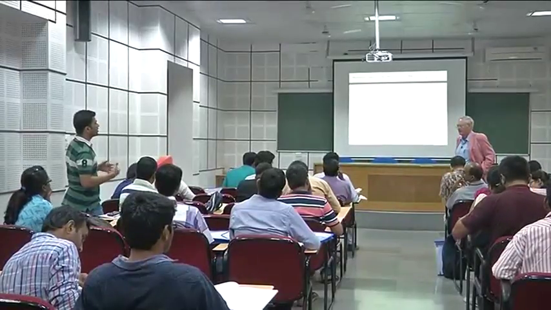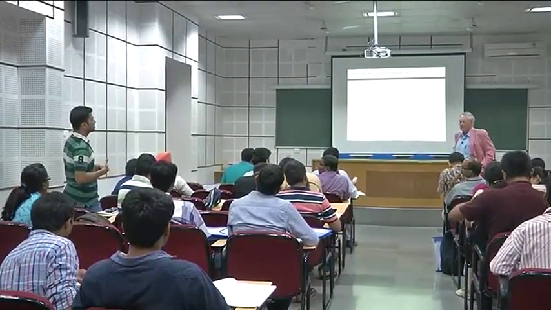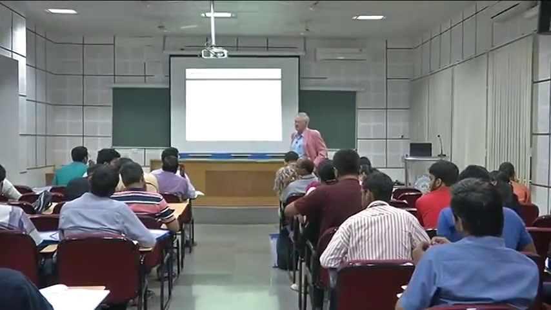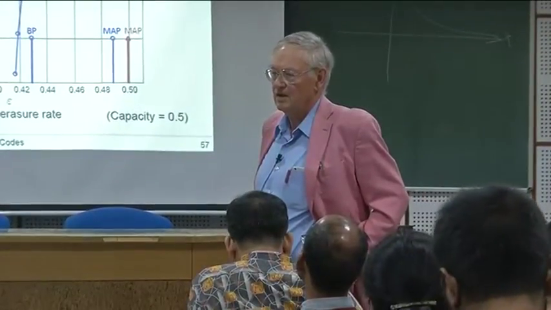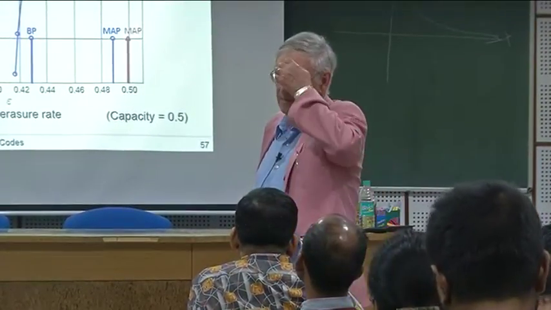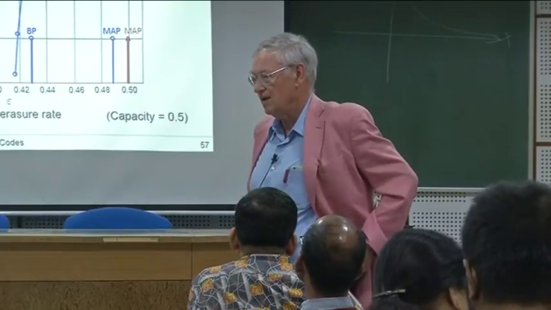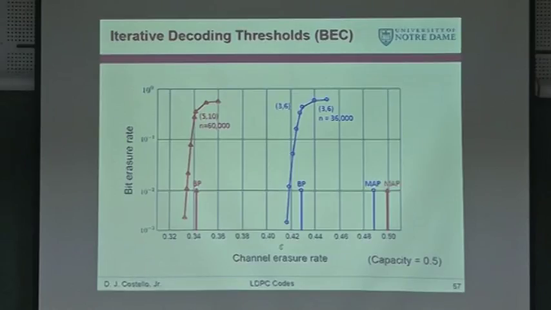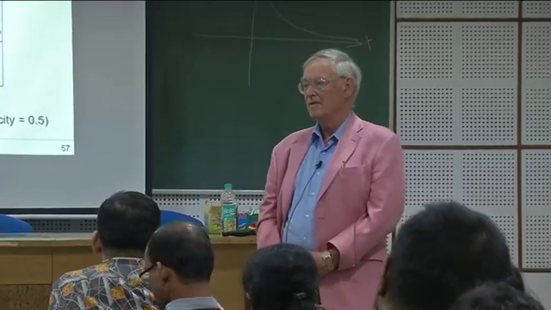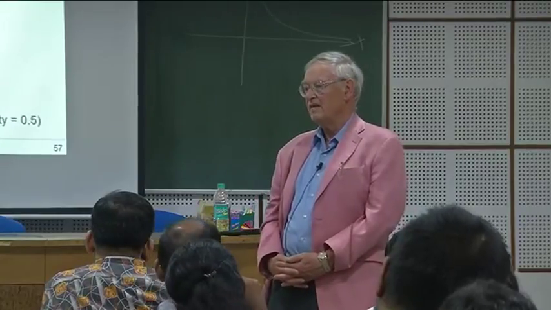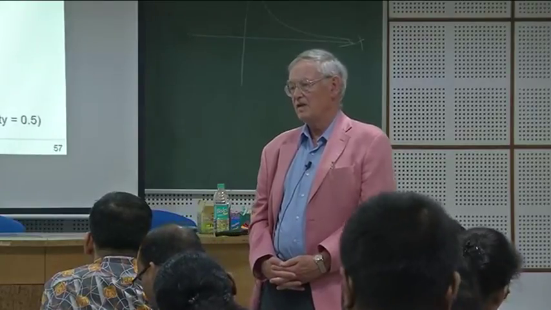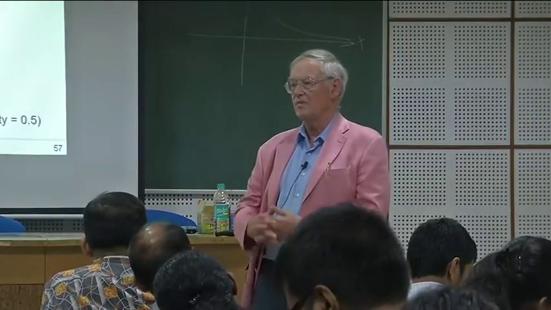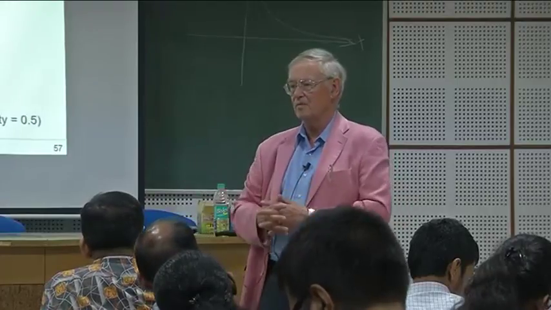Is there any technique by which we can know what length of code is going to ensure a certain error probability given a certain number of iterations? Well, there has been finite length analysis done on low density parity check codes. Papers by Olmos, O-L-M-O-S, and Urbanke. They've had papers come out in the last 5 years or so that analyze the finite length performance of these codes and how the error probability scales with block length.